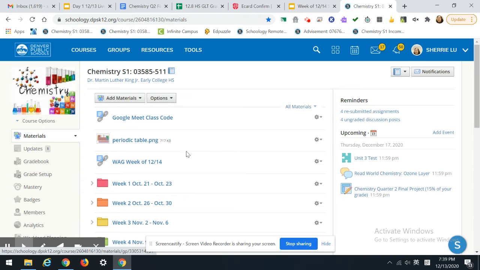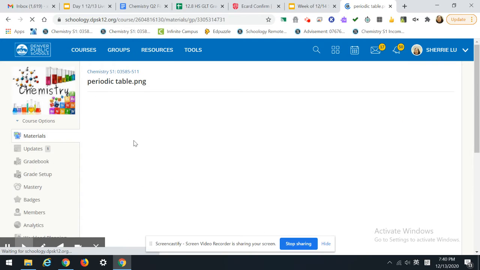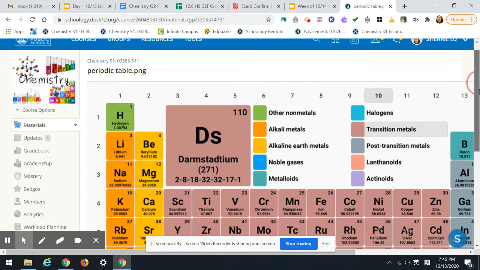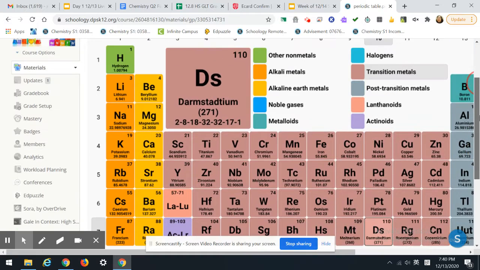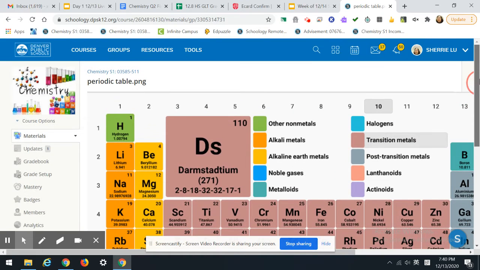So it's the second file in Schoology. You may click it whenever you need a periodic table and use it. And one thing you may do is make sure to save one on your computer or in your chemistry drive, because this is like our tool for chemistry. It's very important to be able to use the periodic table.